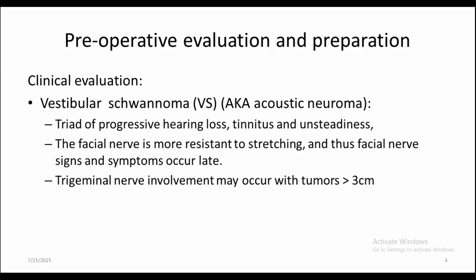If the facial nerve is going to be involved, usually the facial nerve palsy is a late presentation in this patient because of the anatomy. The facial nerve is located anterior superiorly, and it is usually resistant to stretching.